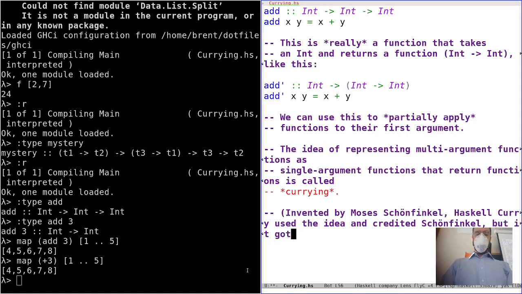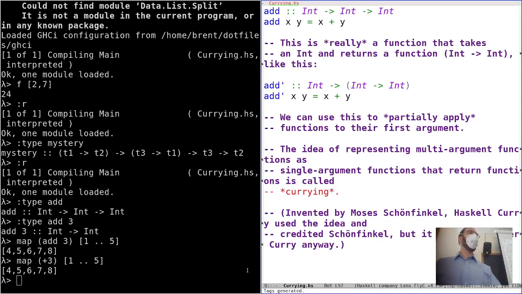But it got named after Curry, which is pretty typical in math. If you look into most things in math that are named after someone, they were discovered by someone else. I don't know why, it's just how it works. Maybe things end up getting named by who popularized it instead of who actually invented it.